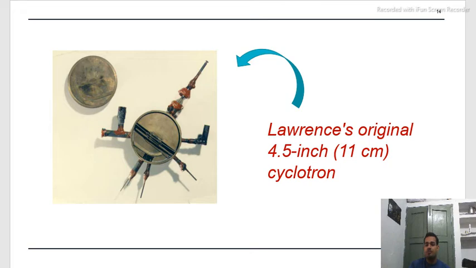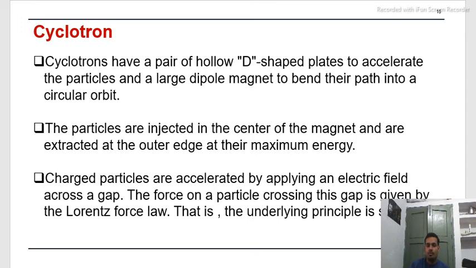Here is the image of Lawrence's original 4.5-inch cyclotron. A cyclotron has a pair of hollow D-shaped plates to accelerate the particles and large dipole magnets to bend their path into a circular orbit using their magnetic field.